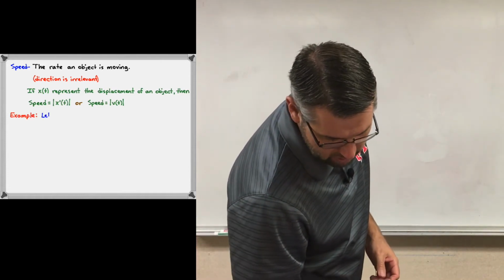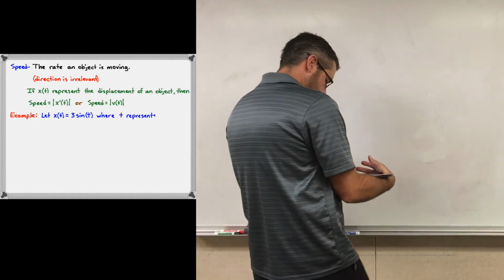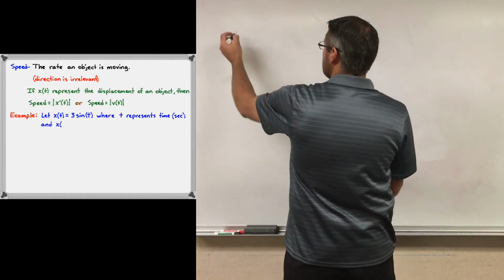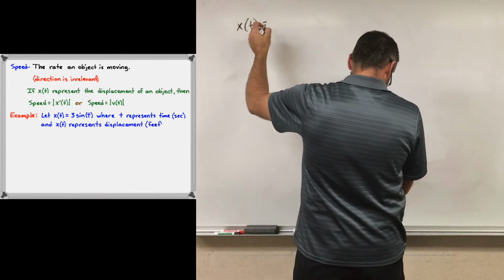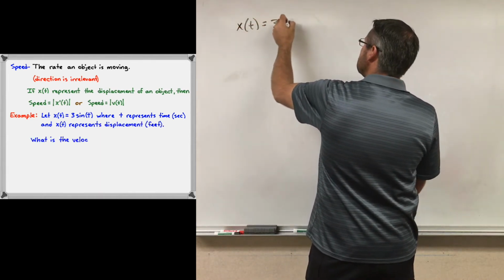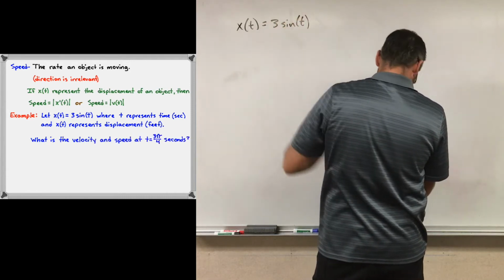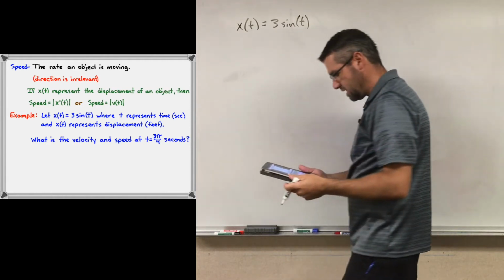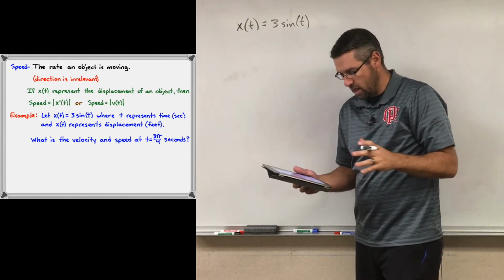All right, so let's take a look at an example of this. This one's pretty basic, okay? We have a function, x of t, my position function, is equal to 3 sine of t. And it represents the displacement or the position. Right now, we can kind of interchange them.